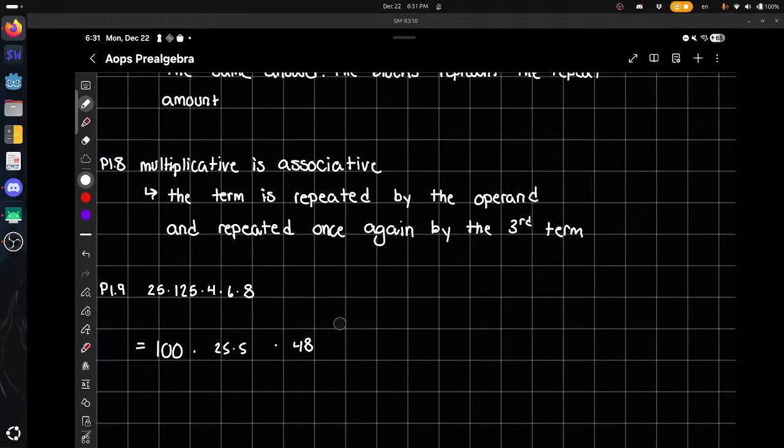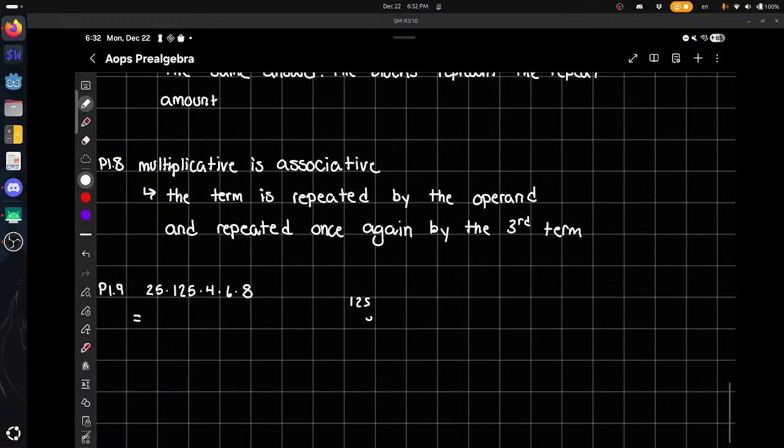Okay. Let's think about this. What if I multiply 125 times 8? I think I'll get a number. So I just gotta pull out the old little trick.